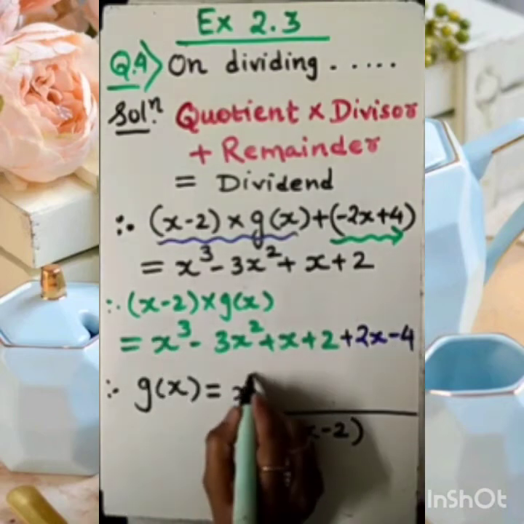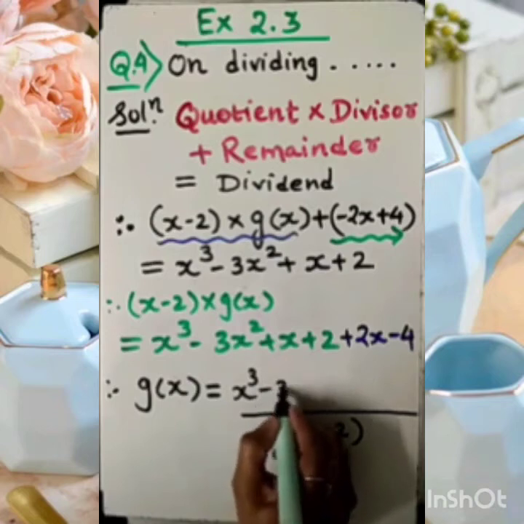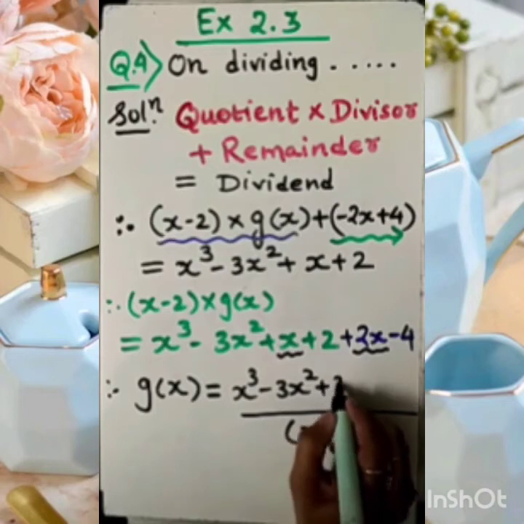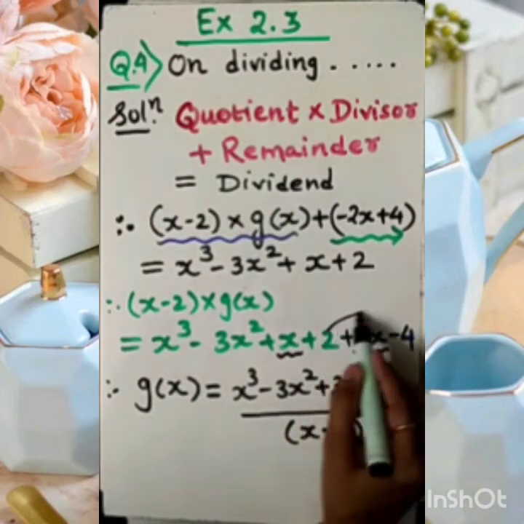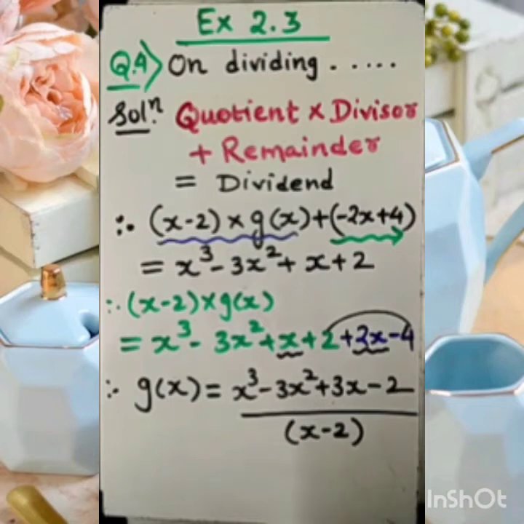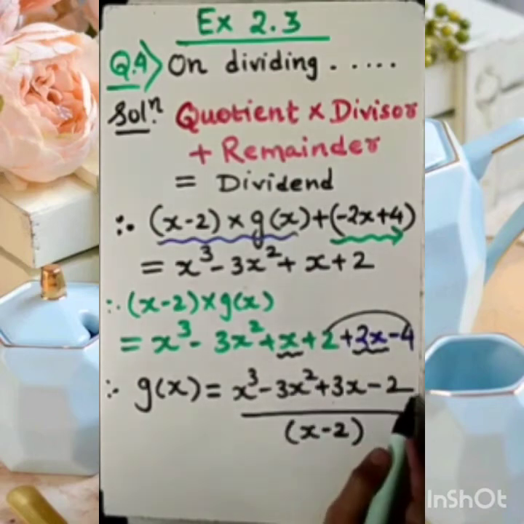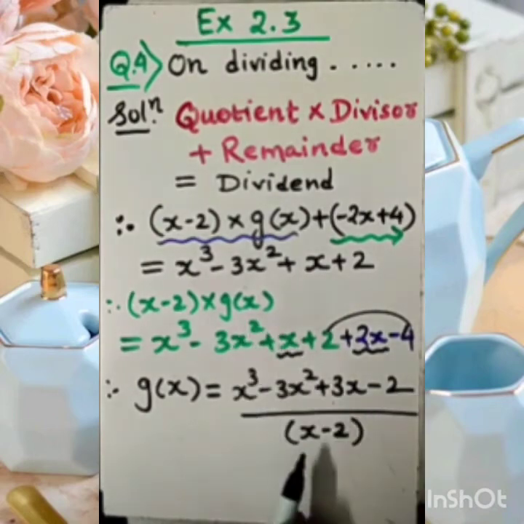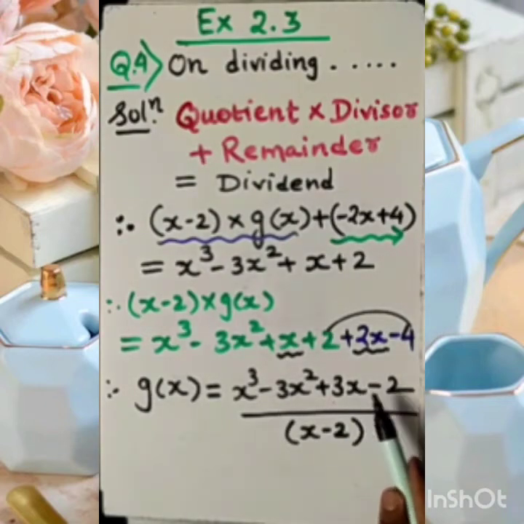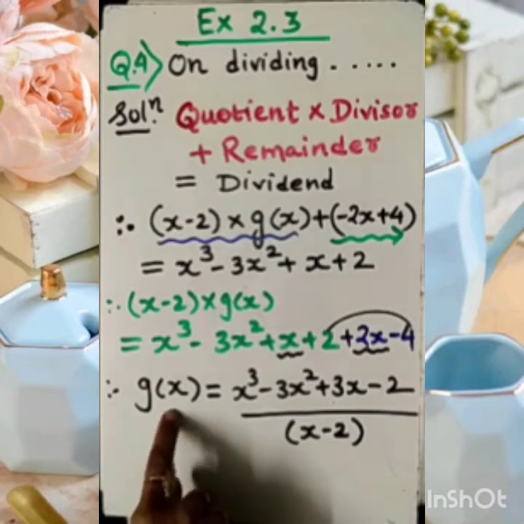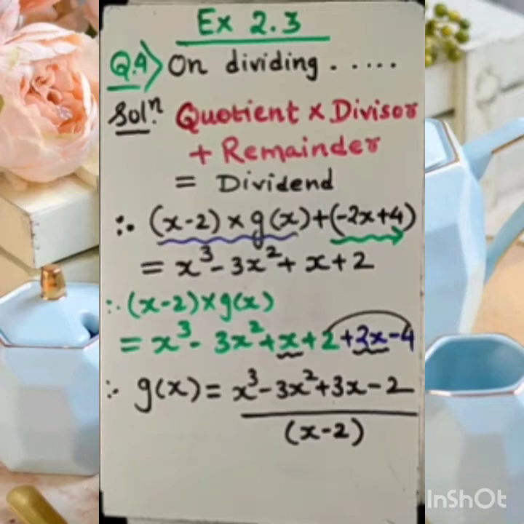Let's simplify: x cube minus 3x square, plus x plus 2x is 3x, plus 2 minus 4 will be minus 2. So our polynomial will become x cube minus 3x square plus 3x minus 2, which will be divisible by x minus 2. Now we are going to divide this polynomial and see what g(x) will be.